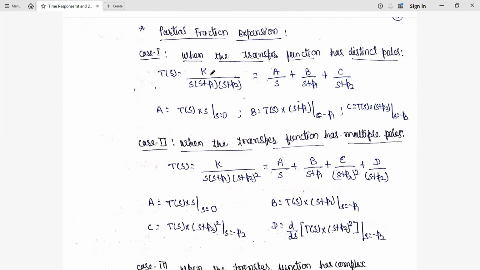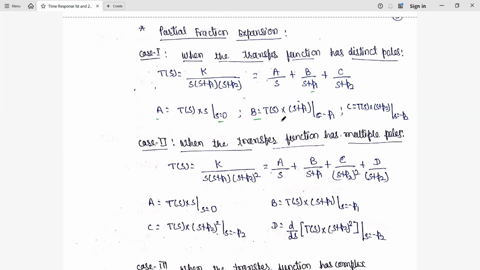One of these is k upon s into s plus p1 into s plus p2. In this case we can write a by s plus b by s plus p1 and c upon s plus p2. Now how are we going to obtain the A, B, C values? To obtain the value of A, the transfer function is multiplied by s, and after that we substitute the condition s equal to 0.